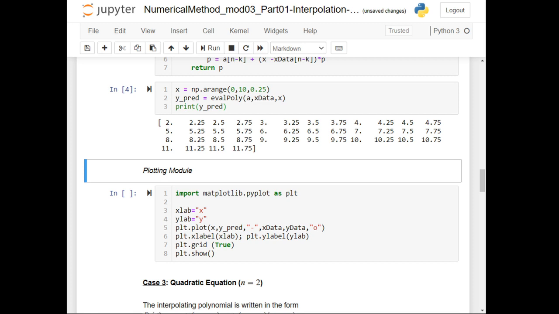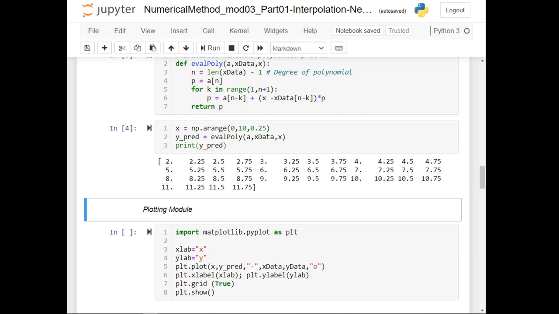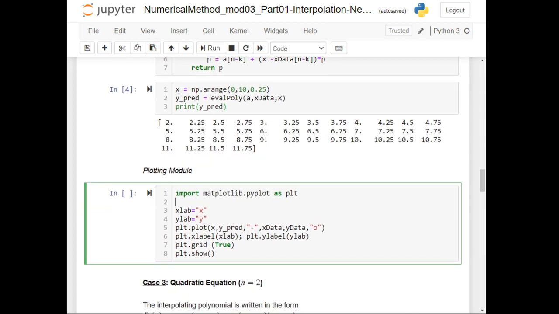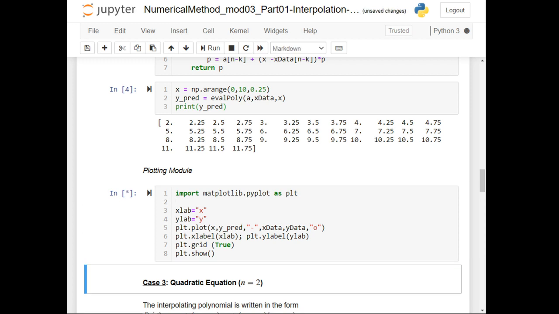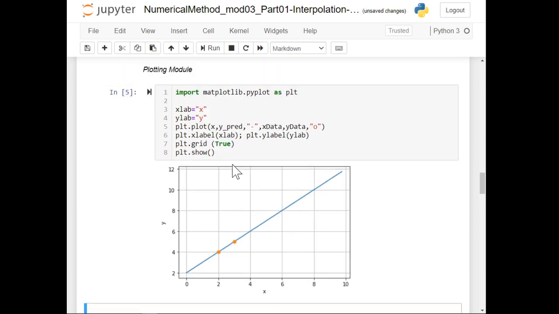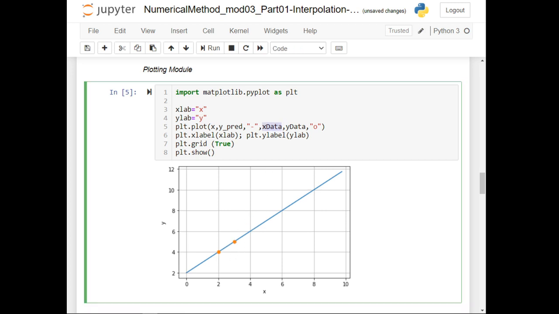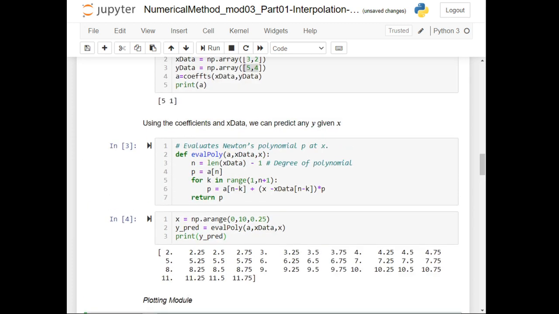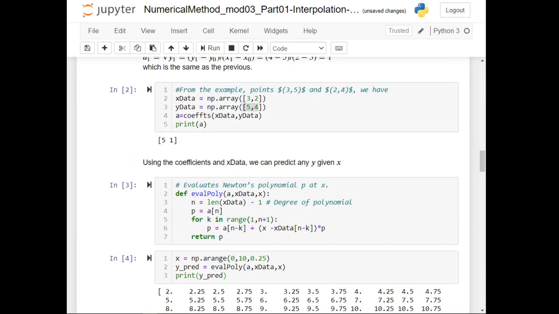If you want to be sure of your answer, you can actually plot this one. So how to plot this? First we have these 2 points. Sorry, this is the x data and the y data. If you remember, we have 3, 5 and then 2, 4.